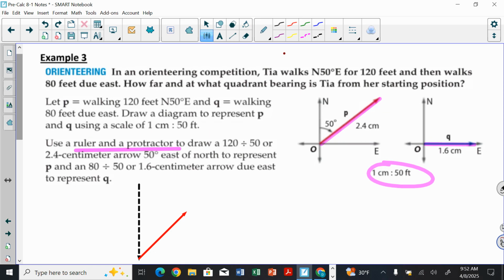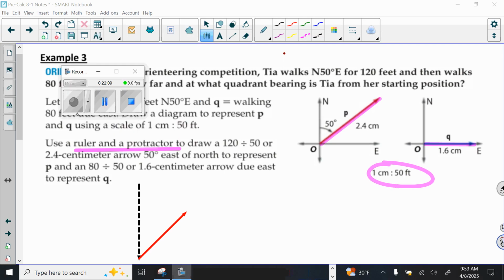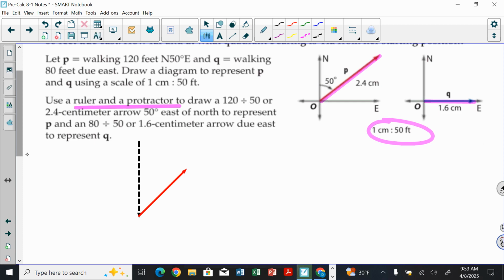Sorry, not 66 degrees. I got ahead of myself. So I want to go 50 degrees from the north line, right? It says 50 degrees east of north. So here's my north right here. So I want to go 50 degrees this way, okay, and make that vector. Okay, that's got to be 2.4 centimeters. I'm just copying that one there. So that's 2.4 centimeters here.